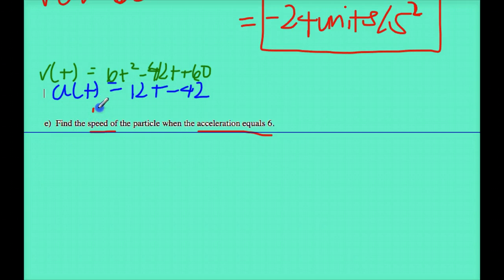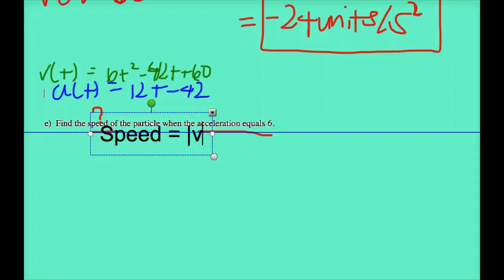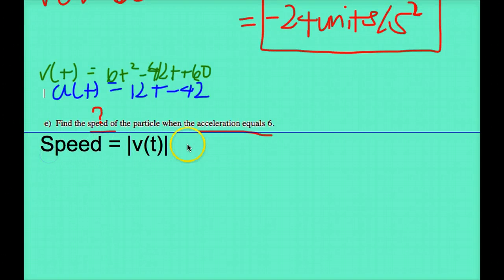Number 1, I need to end with a speed. And we know speed is equal to the absolute value of v of t. So I am going to need this v of t equation that is up here. I'm going to use that later.